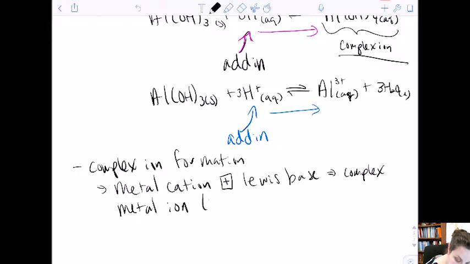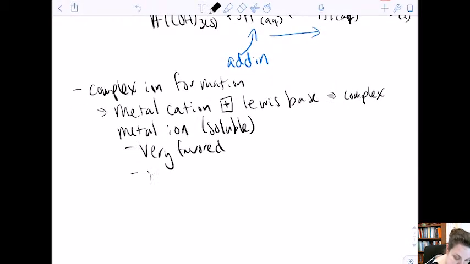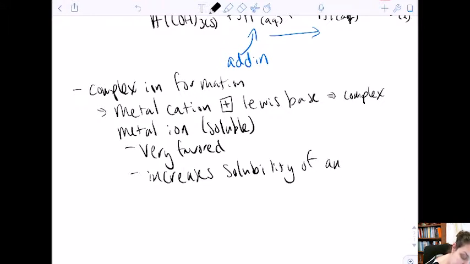And this is soluble. This is very favored, and as such it increases solubility of an ionic salt or ionic compound.